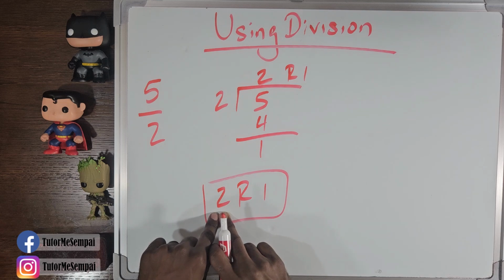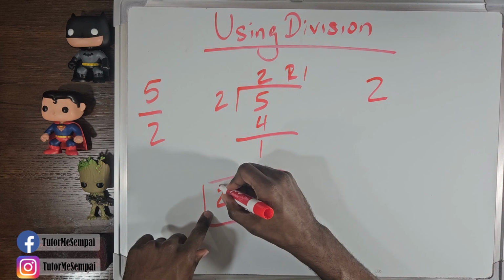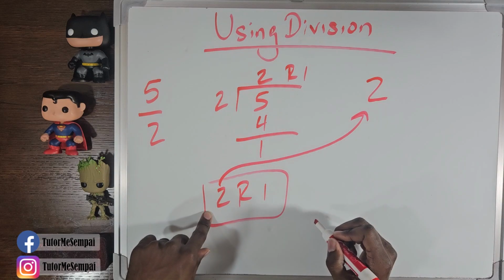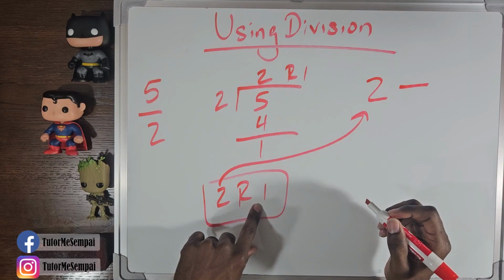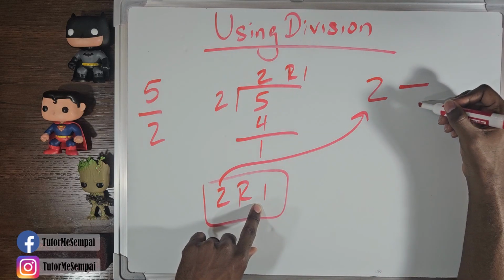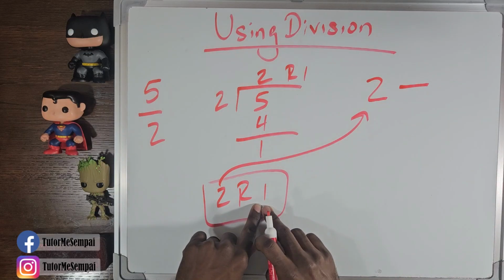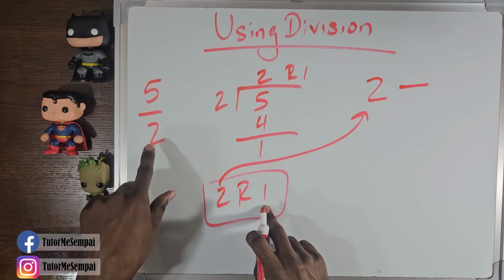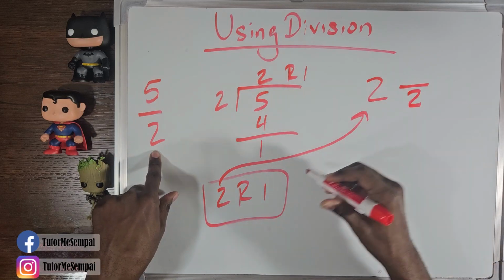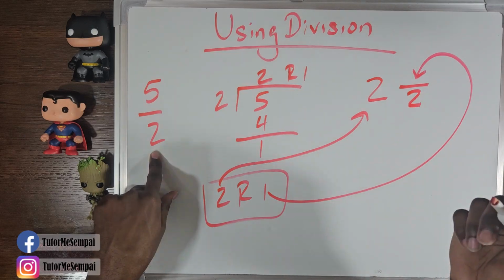You're going to take this whole number portion, and that's going to be the whole number portion of your mixed number. Then you're going to make your fraction. Remember, you have your numerator and your denominator, and it's going to be next to your whole number when you have a mixed number. Your fraction always has the same denominator. And you're going to bring this remainder to your numerator.